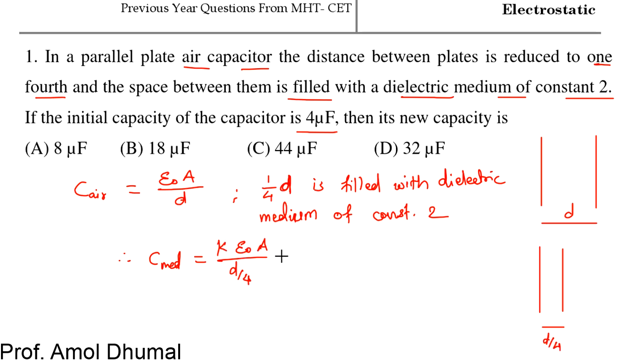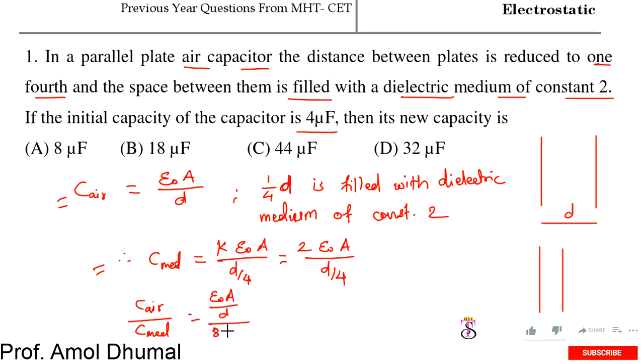So when we put the values, K is 2, giving 2 epsilon 0 A upon D by 4. If we take the ratio of these two, we get C air upon C medium equal to epsilon 0 A upon D divided by 8 epsilon 0 A upon D. So the 4 will become 2 into 4, that is 8.